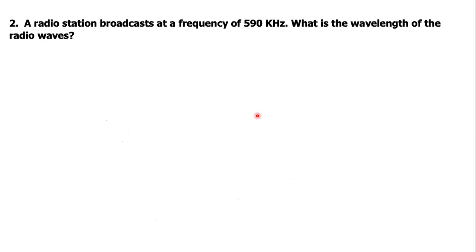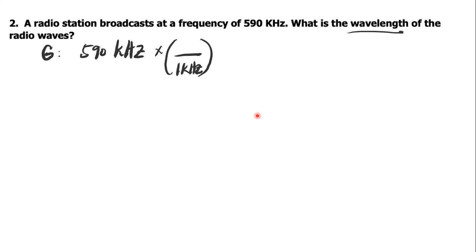It's asking here for the wavelength of the radio waves. Therefore, again, we write the given: 590 kilohertz. We need to convert kilohertz in order to cancel per second because we're asked for the wavelength here. Therefore, we can convert easily in the given part. So we have 1 kilohertz.